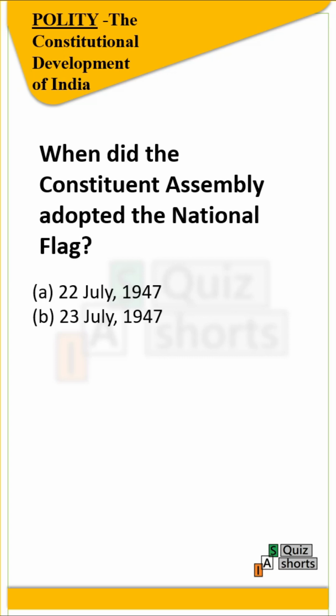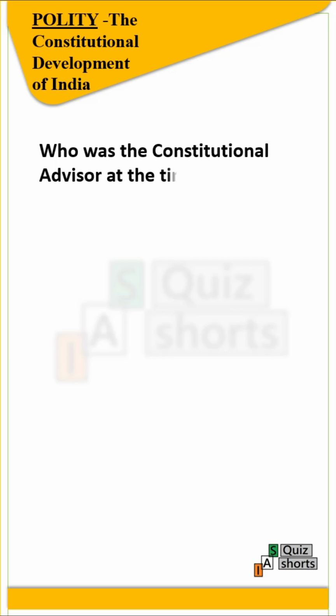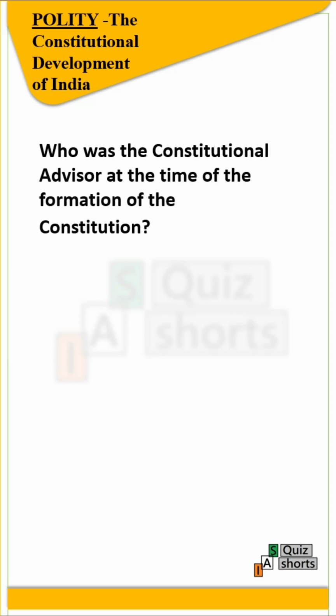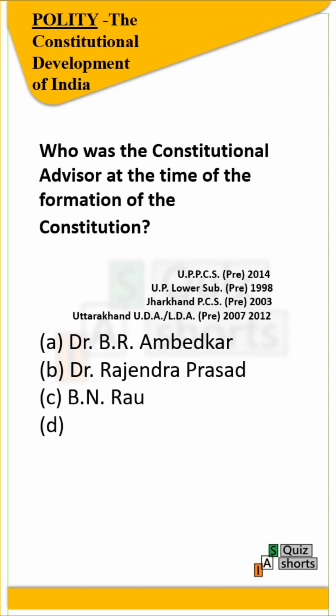A. 22nd July, B. 23rd July, C. 25th July, D. 15 August. Answer is A. 22nd July 1947. Who was the constitutional advisor at the time of the formation of Constitution? A. Dr. B. R. Ambedkar, B. Dr. Rajendra Prasad, C. B. N. Rao, D. K. M. Munshi. Answer is C. B. N. Rao.